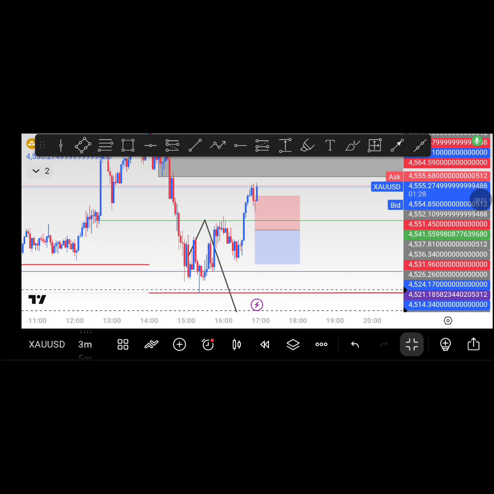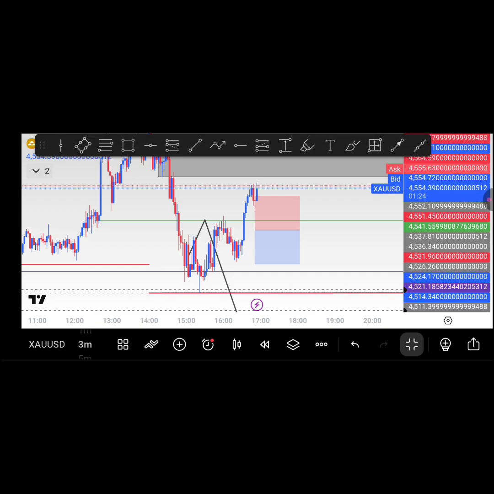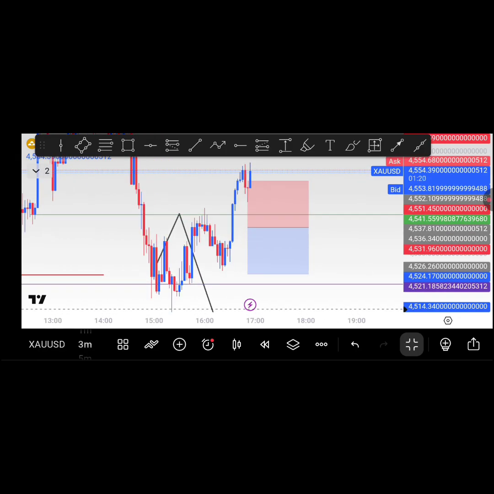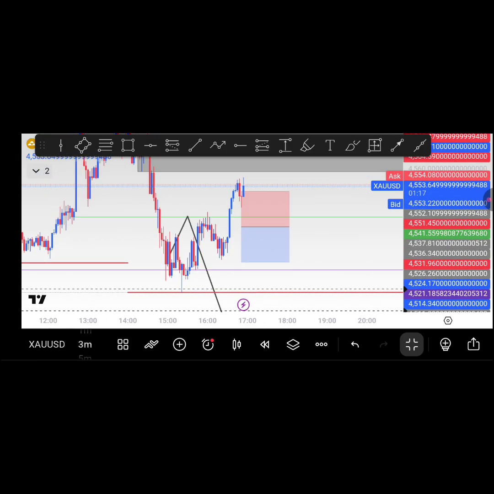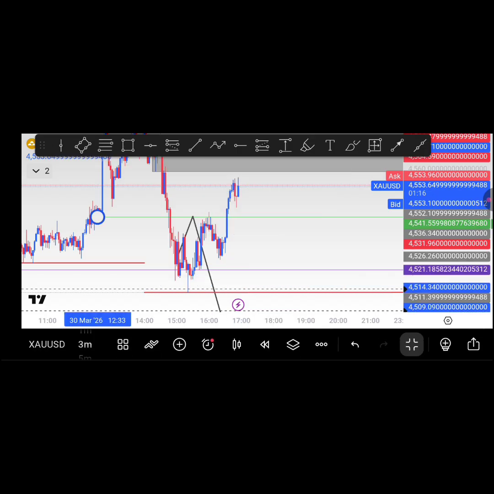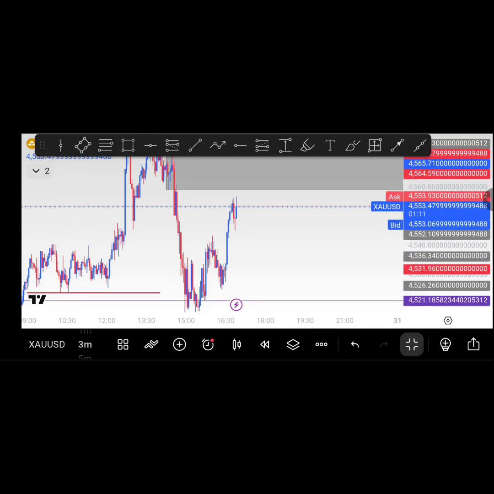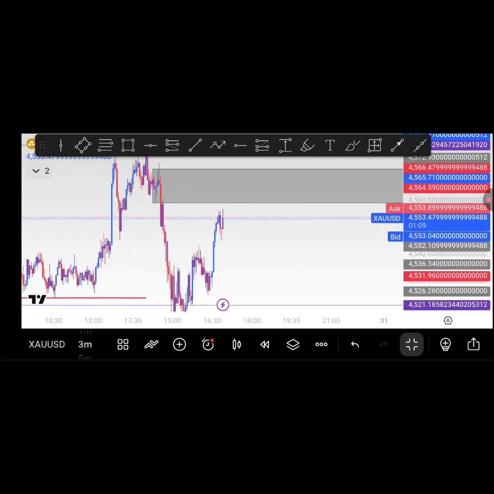And also got this. 4:55. And yeah, you can see that price didn't give us any confirmation. That's why we didn't take the sell. So this is not valid and this is not valid. Even this. But price is bearish.